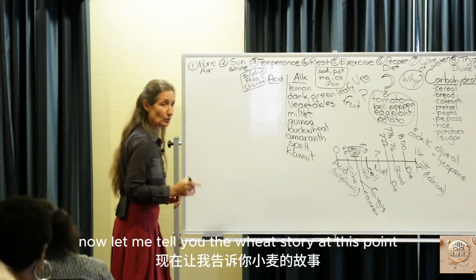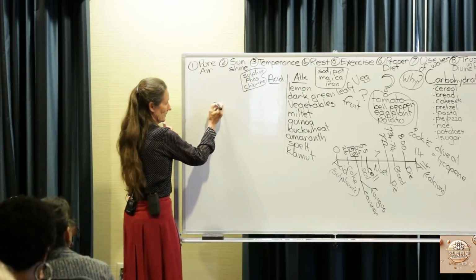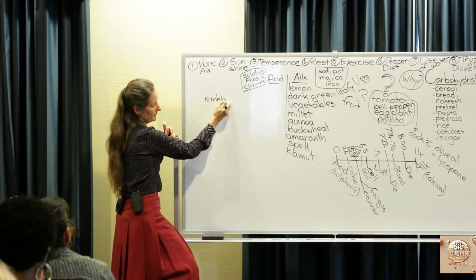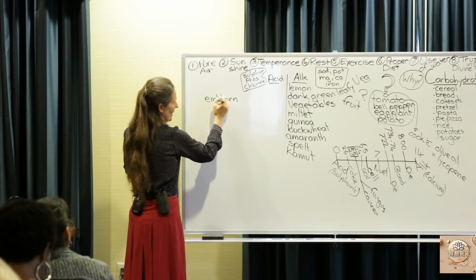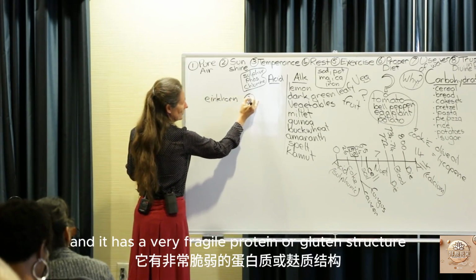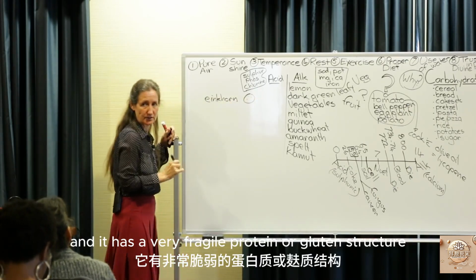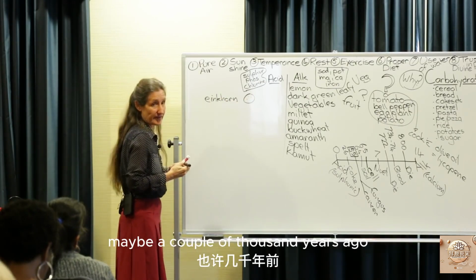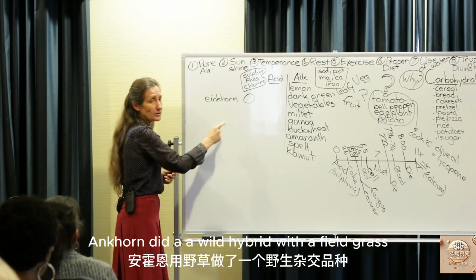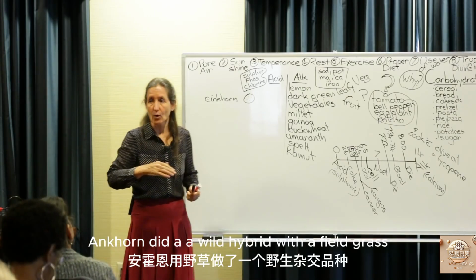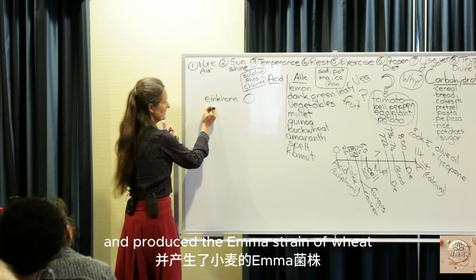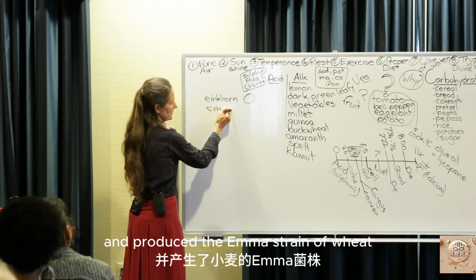Now let me tell you the wheat story at this point. The wheat that God made is called Einkorn, and it has a very fragile protein or gluten structure. Now it is not sure when, maybe a couple of thousand years ago, Einkorn did a wild hybrid with a field grass and produced the Emmer strain of wheat.